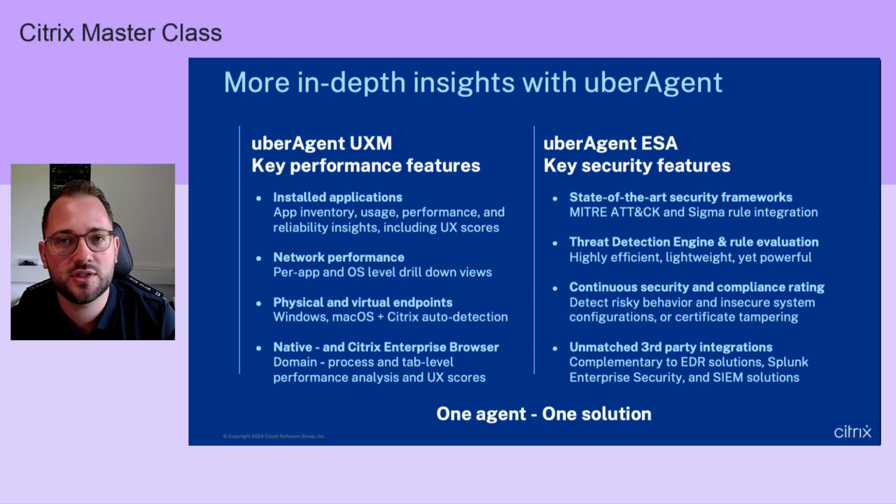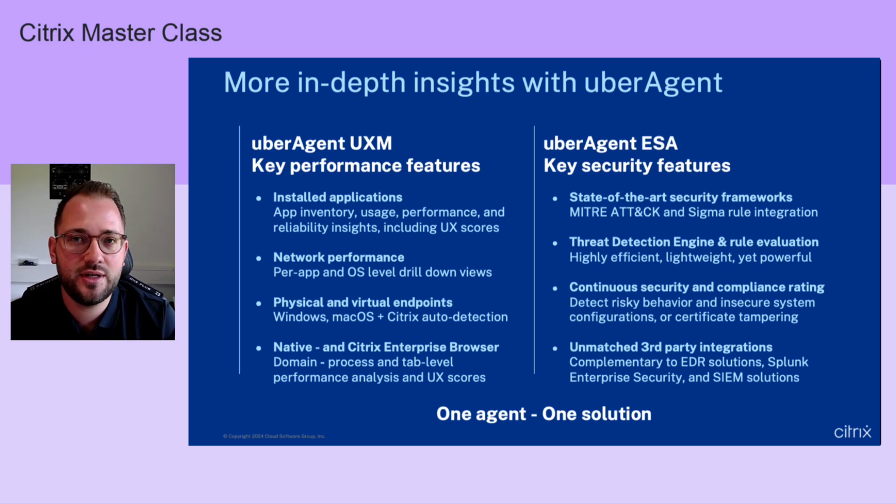We can see which process was connected to which target and, for example, how much data volume went over the wire. In addition to this, uberAgent can monitor what's happening inside the browser. This is especially important as more and more business apps are shifted from classical installed applications to web apps. So these are just a few pieces that make up the functionality of uberAgent UXM.